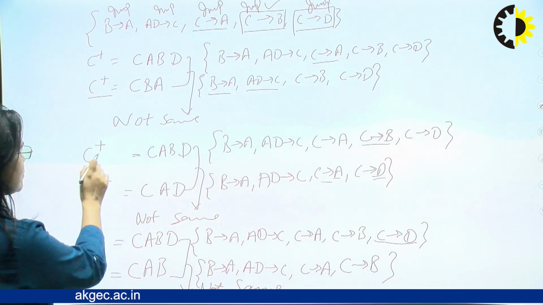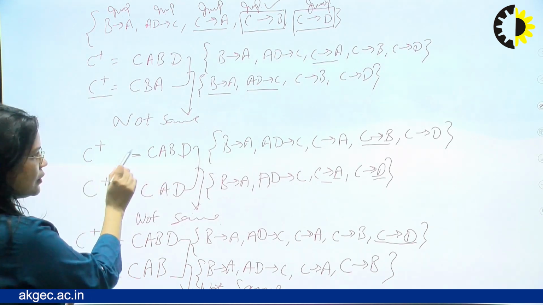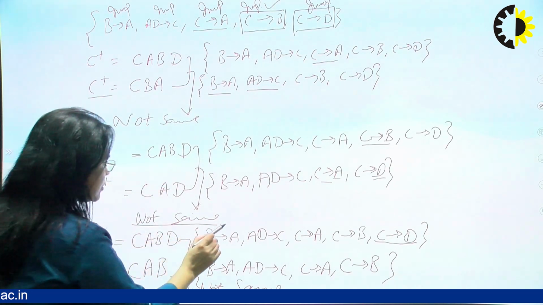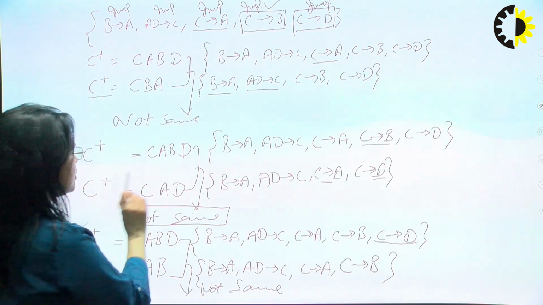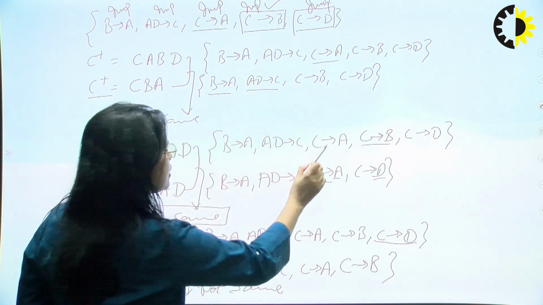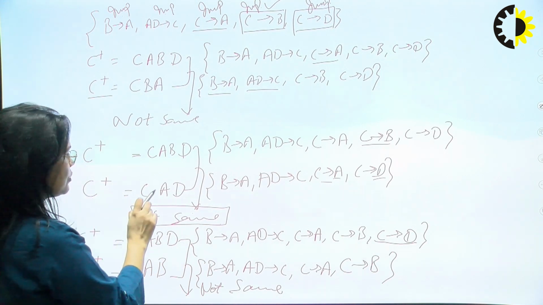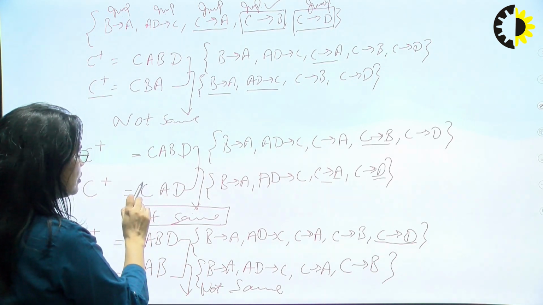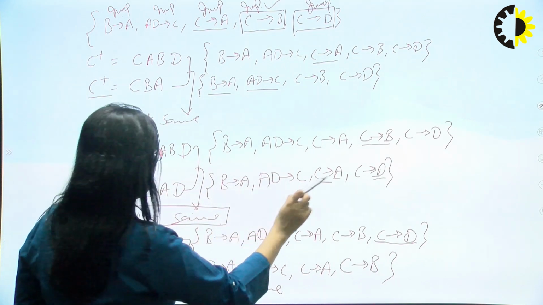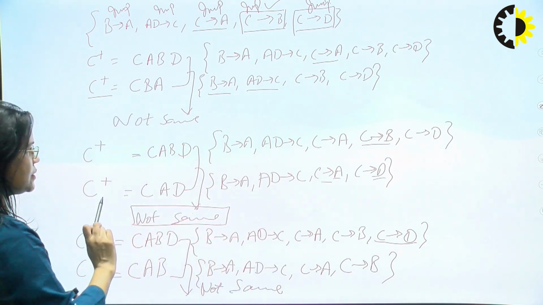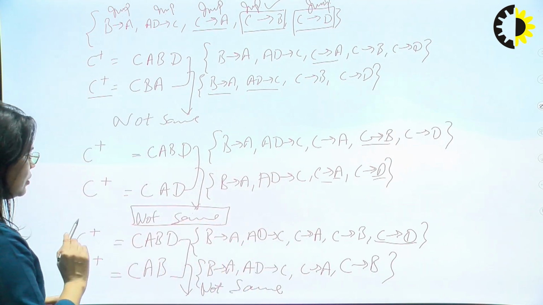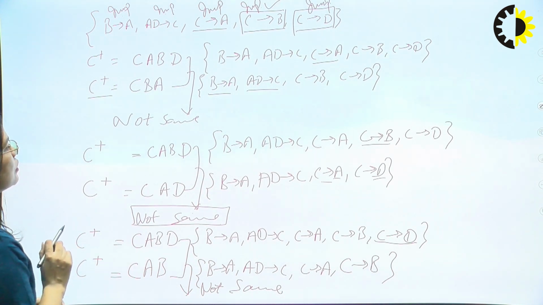Let's check this one again. We have checked it is important, but we can check again A, B, D. We can have here A, D. Then C, not same, right? So no issues.